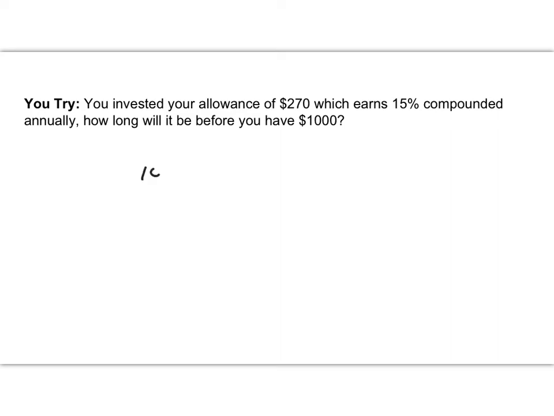Okay, you want to have $1,000. You're starting out with 270. You have 15% compounded annually. I'm not going to put the 1 there in that case. Going to divide both sides by 270. That gives me roughly 3.704. That's an estimate.